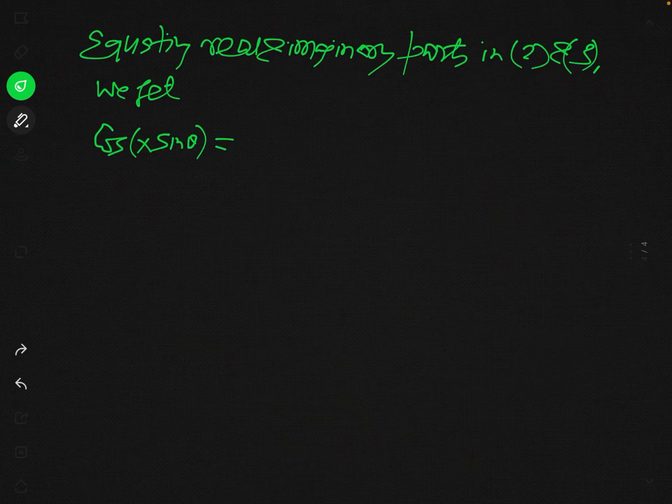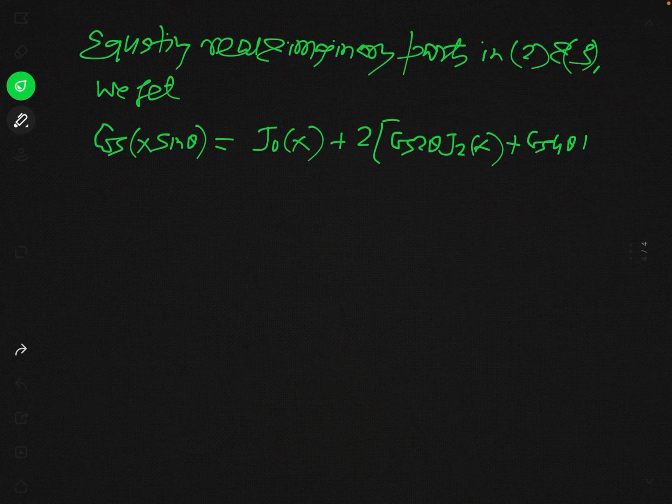So the real terms in the RHS are J0 of x plus, with 2 as a common factor, 2 times cos 2 theta J2 of x, similarly cos 4 theta J4 of x, and so on. So let us say this is equation 4.